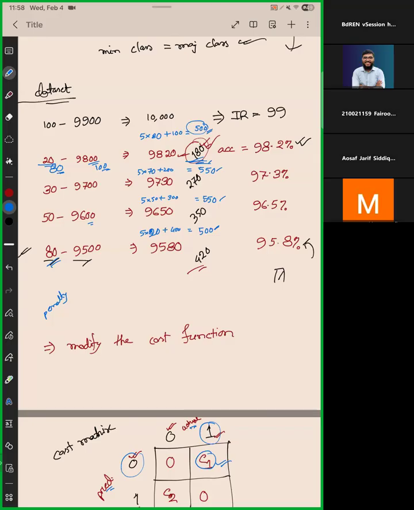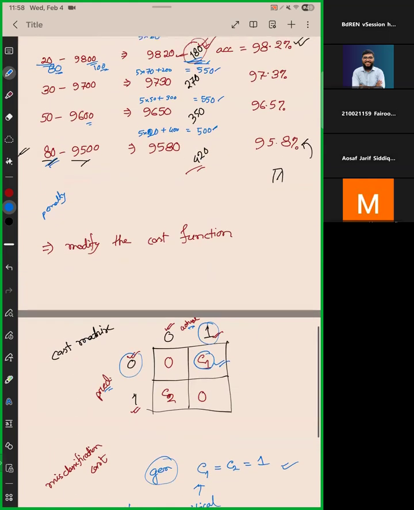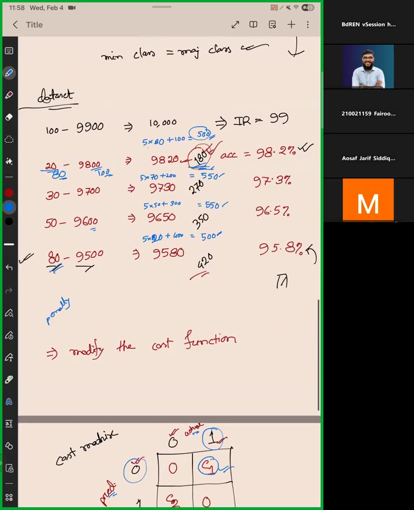Okay, what if instead of using 5 as the penalty value, I use 10? What will happen then? Check and see. Instead of 5 into 80, it becomes 10 into 80 plus 100. So how much does it become? 900, right?